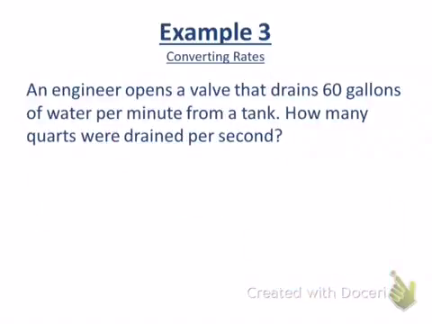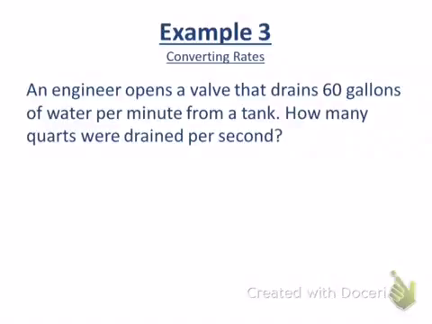Question number 3. An engineer opens a valve that drains 60 gallons of water per minute from a tank. Now listen, how many quarts were drained per second? All right, so I want you to work on this.